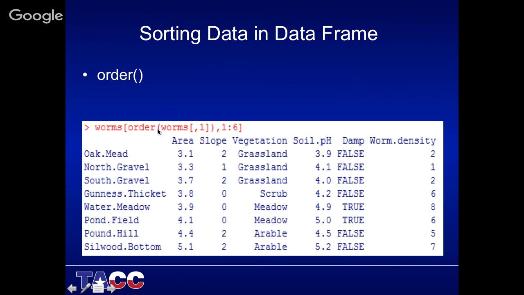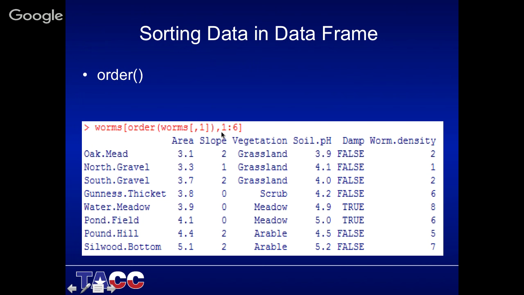Then you're sorting it. So you're sorting the first column, and then when you have the sorted column, you're using that as the first index. So you're getting all the rows sorted by that particular column.